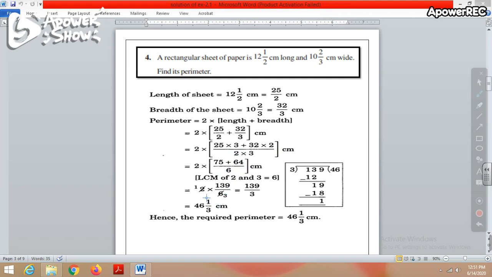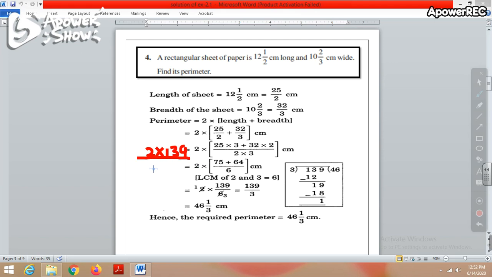Now here we are cancelling 2 and 6. Why? Because 6 can be written as 2 into 3, and the number which is above is 2 into 139. So these are the two numbers which were given above this line and the number which is given below the line is 6.